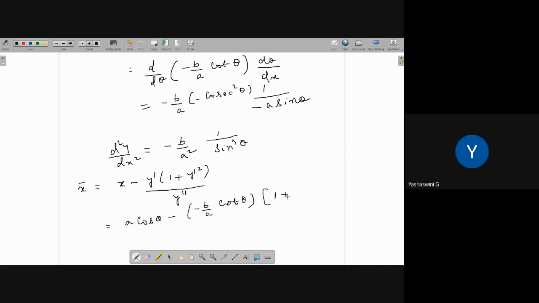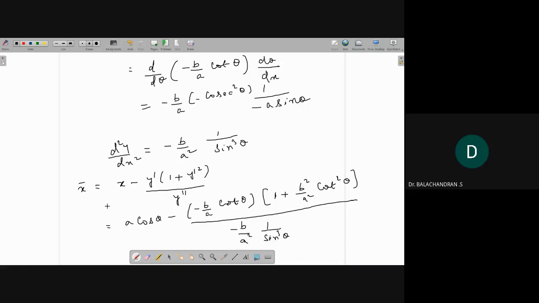First, I will write 1 plus y dash square, and then I will write the next step. 1 plus y dash square is b square by a square into cot square theta, whole divided by, not whole, only for this part. That is y double dash. y double dash is minus b by a square into 1 by sine cube theta. Is it correct? Yes, sir.